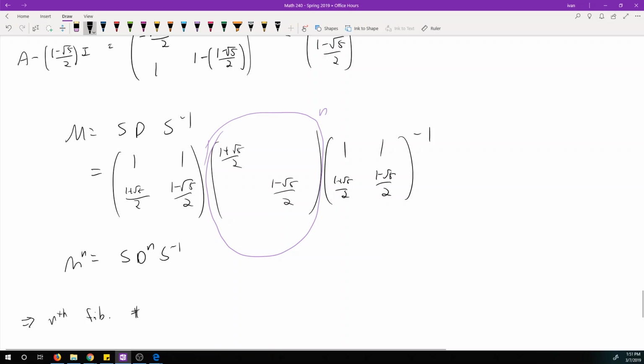Let's see. Let me see how we do this. I guess, which one do we consider? Okay, f0 is equal to 1. Okay, so to find the nth Fibonacci number, you want to find fn, right? And so there are two ways to do this.